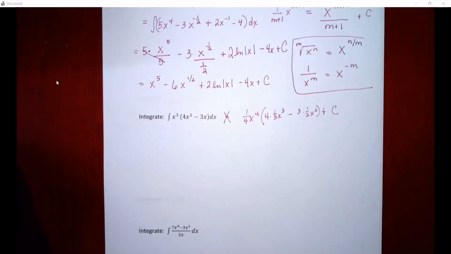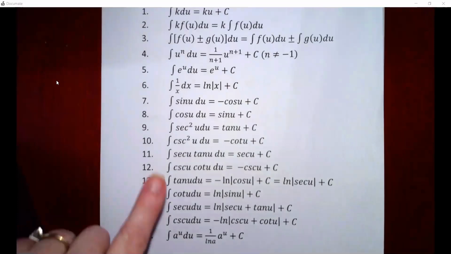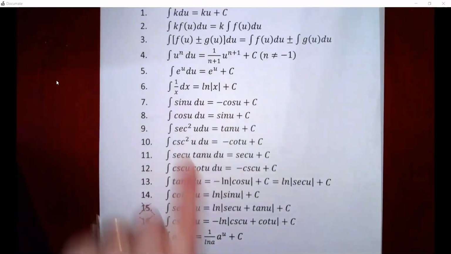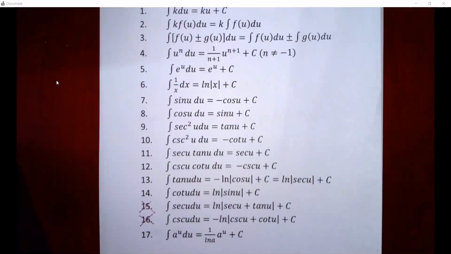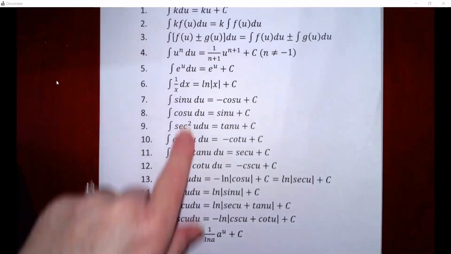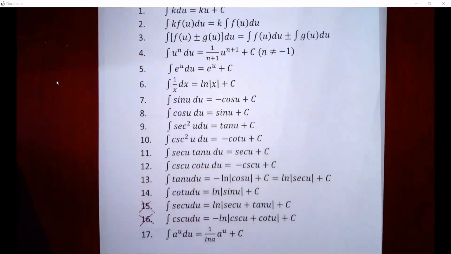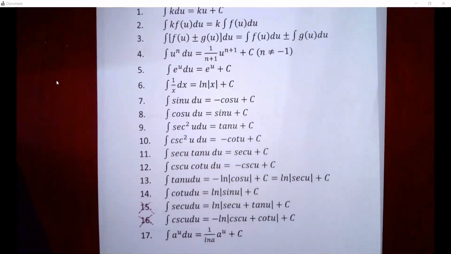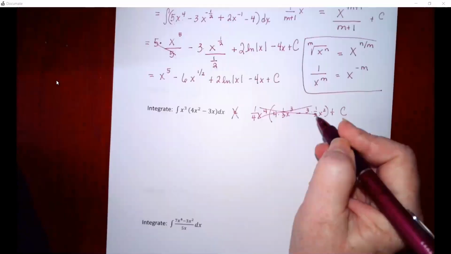We have this fairly substantial list of things we know how to integrate, like the trig functions, for example, because those are the derivatives of a known trig function. So if I take anything of these forms and add them to each other or subtract them from each other, I can integrate them term by term. But multiplying or dividing, I have to do something different. So I can't do this.